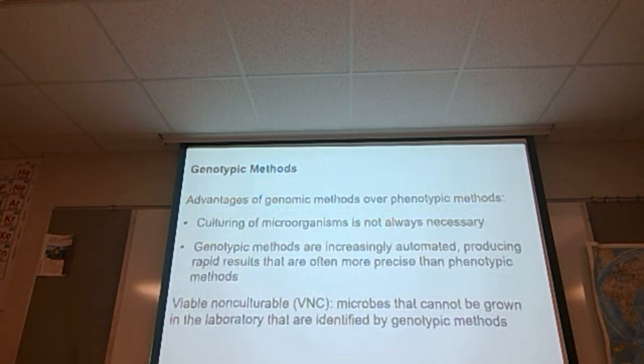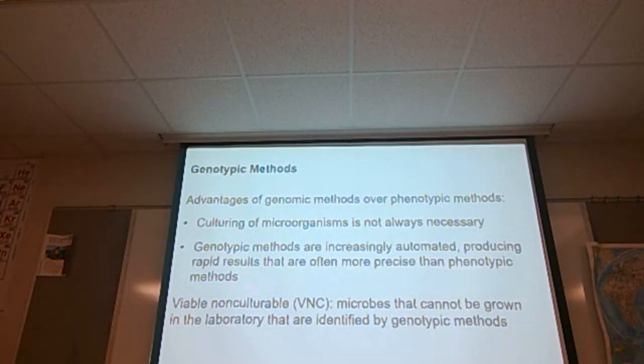Genotypic methods have advantages over phenotypic methods in that culturing is not always necessary. In phenotypic studies, you always have to grow the bacteria, you have to grow up colonies of it. In these genotypic methods, many times you do not. Again, these genotypic methods are increasingly becoming automated, whereby you get very rapid results, and these results are often more precise than with phenotypic methods.